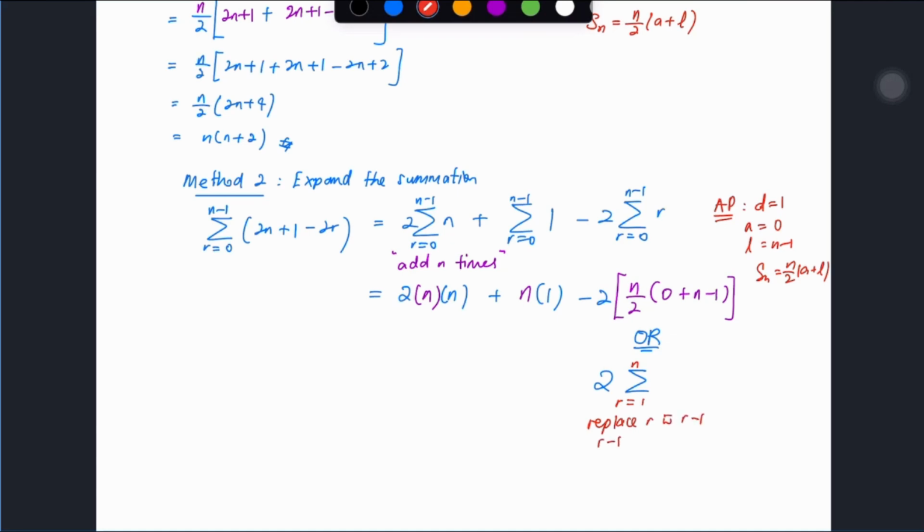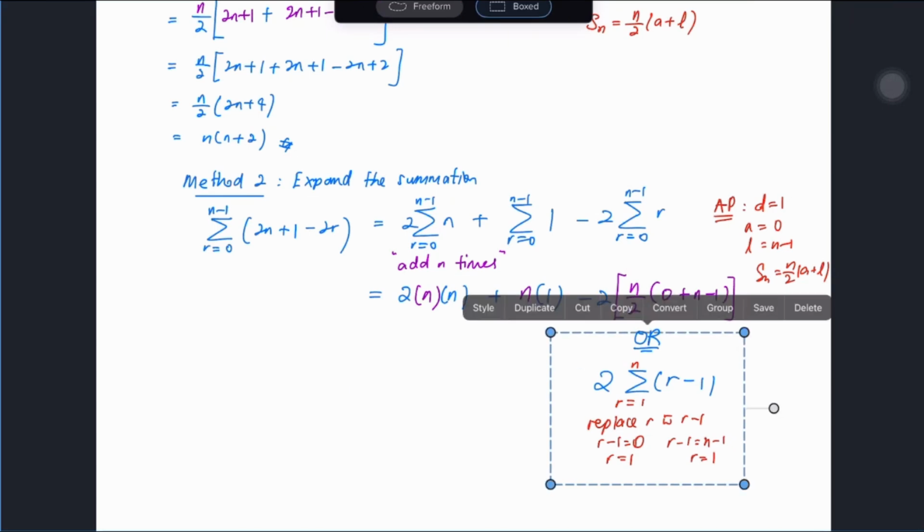So r minus 1 equals to 1, so 0, so r equals to 1. R minus 1 equals to n minus 1, so r equals to n. Then your expression over here is to sum r plus 1s, r minus 1, something like that. Yeah, you can do that change. But technically you're making it more complicated, so we don't do that.